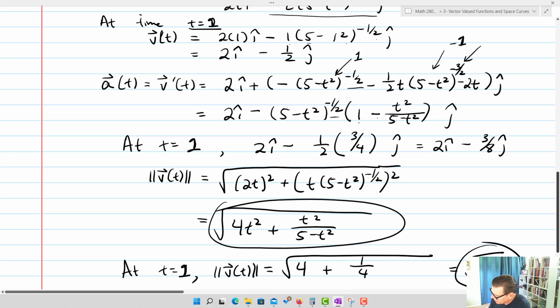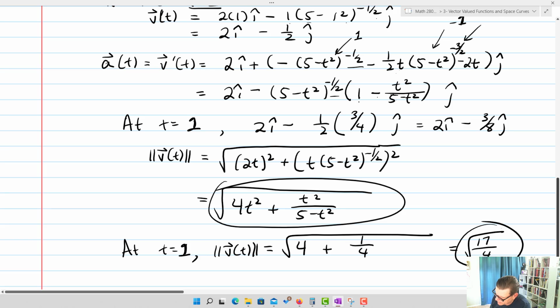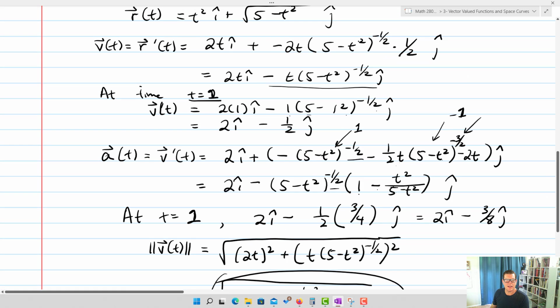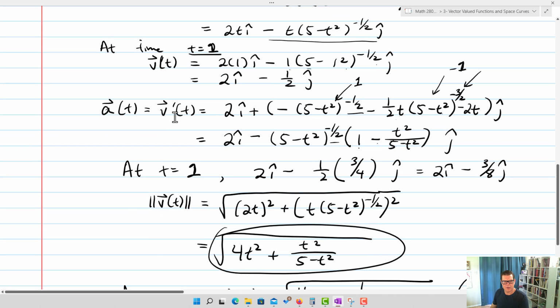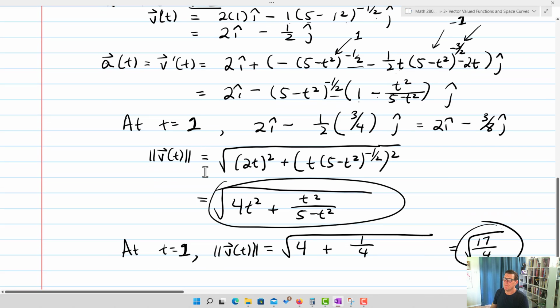And that's the speed at time equals 1. Okay? And so basically that's how we find our velocity, our acceleration, and our speed. All right? Velocity is the derivative of the position. Acceleration is the derivative of velocity. And our speed is the magnitude of our velocity vector.